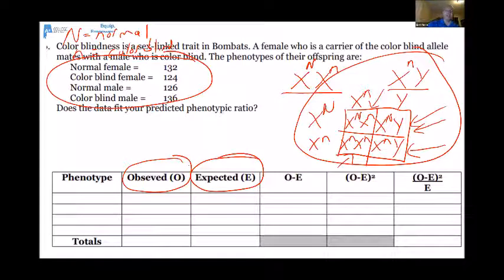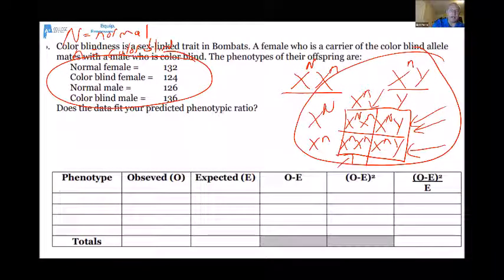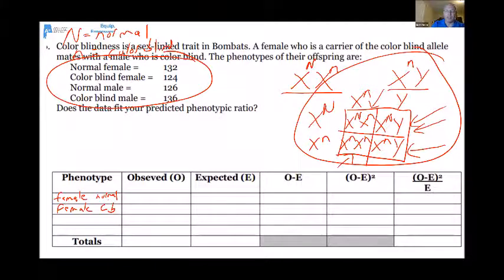Now, to test that null hypothesis, we're going to run our chi-square. And the easiest way to do that is to fill out this table that you see on the screen. So we start off with a column of phenotypes. I'm going to write in my different phenotypes: female, normal, female, and CB just as an abbreviation for colorblind, since I don't have much space here.